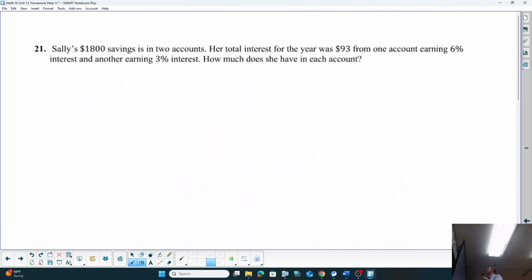Sally's $1,800 savings in 2 accounts. Her total interest for the year was $93 from 1 account. So she got 2 accounts. So $93 from 1 account, earning 6% interest, and another account earning 3% interest. Total interest for the year was $93 for her 2 accounts. Right? So Sally's $1,800 savings is in 2 accounts.